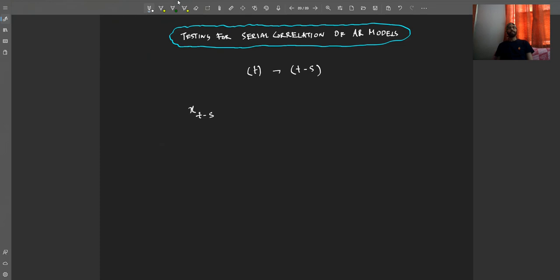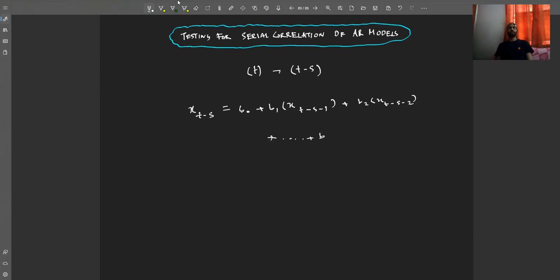X t minus s is equal to, let's say, b0 plus b1 x t minus s minus 1 plus b2 x t minus s minus 2. This equation lags till s periods, right?